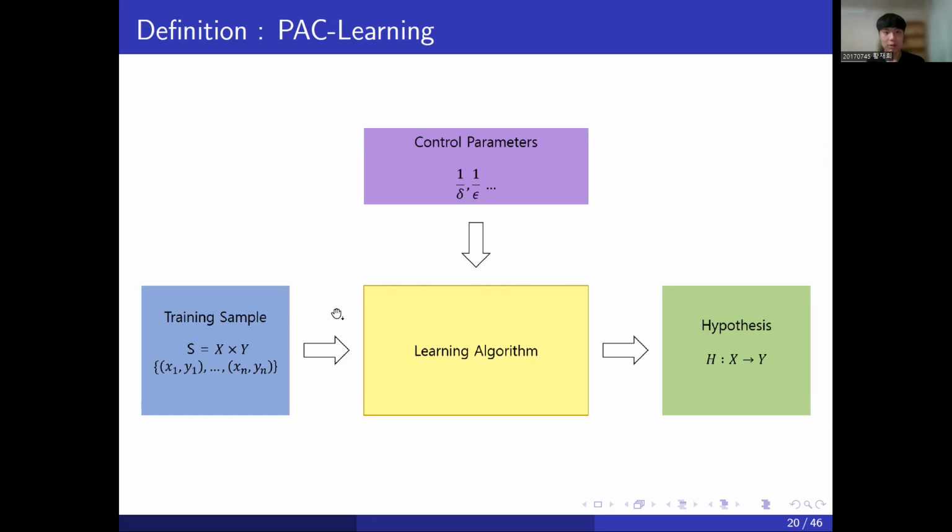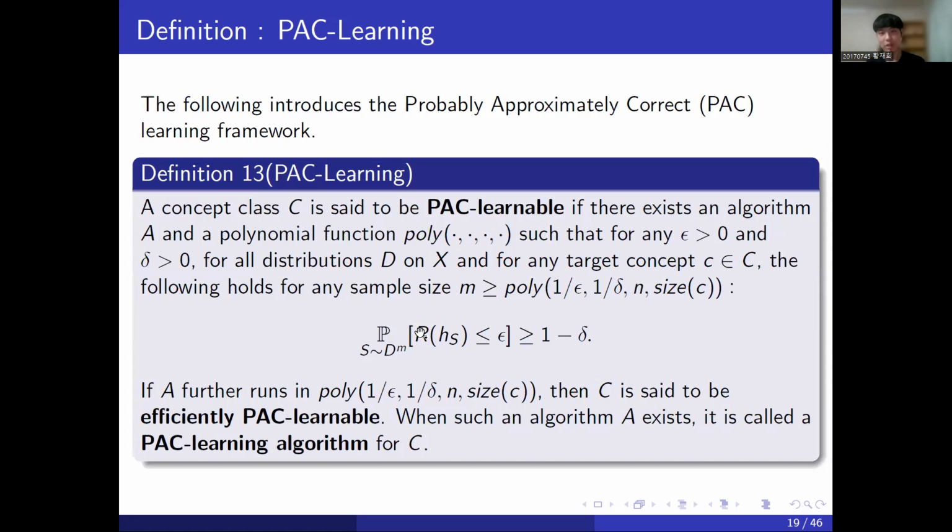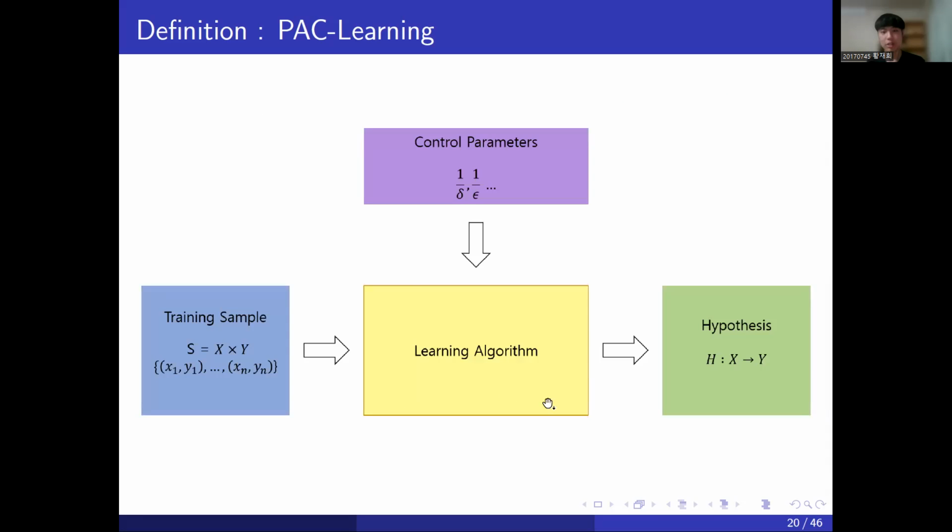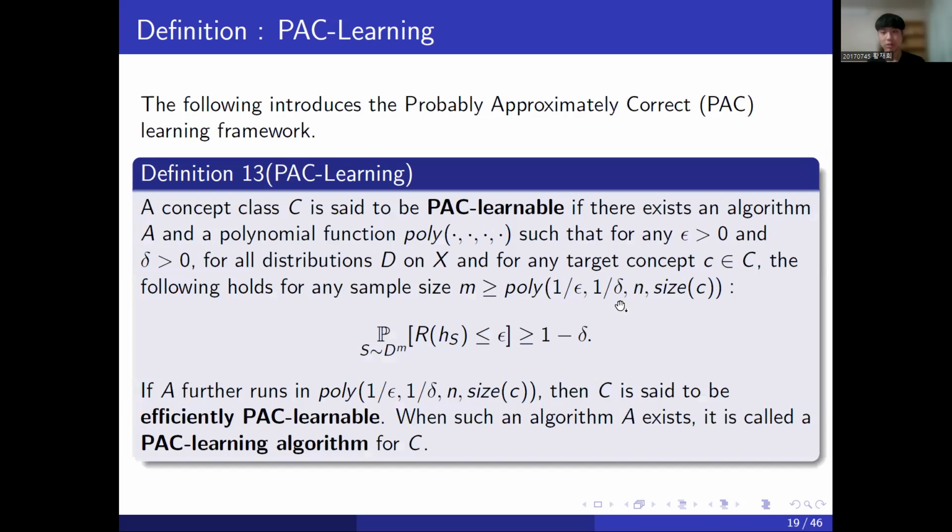So let's think about that. I said that a concept class C is said to be PAC learnable if there exists an algorithm. So consider that we have some learning algorithm, and that we have some training samples, like the product space S is X times Y, and we set control parameters, these terms, which are mentioned in this.